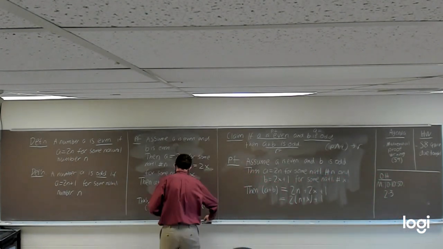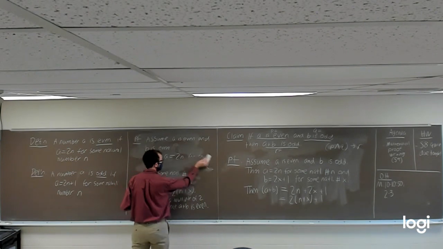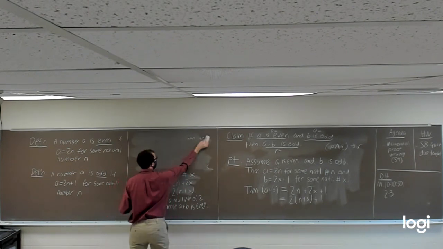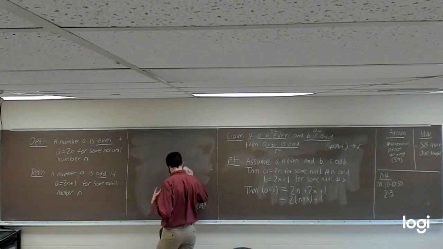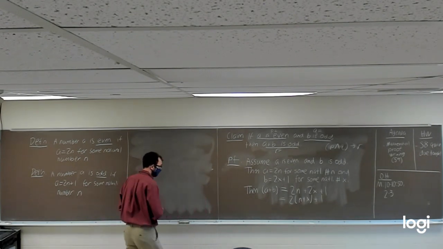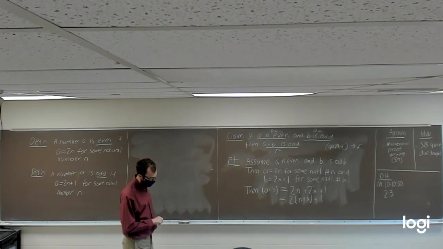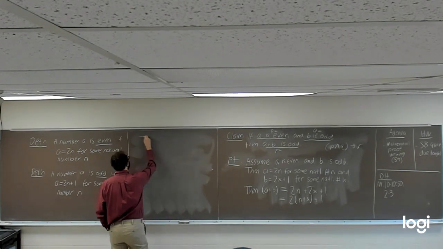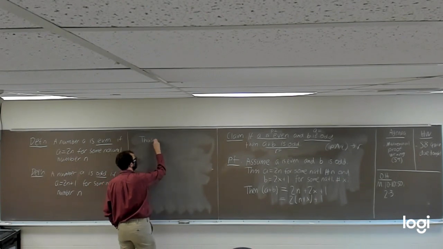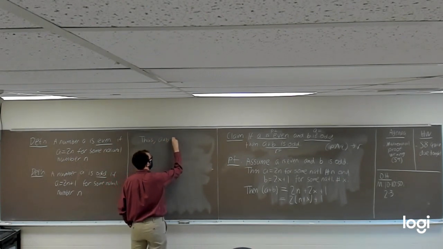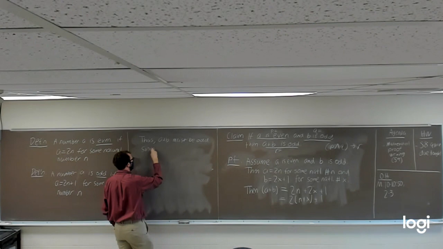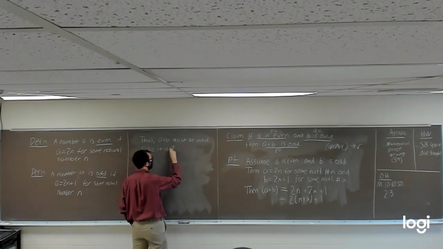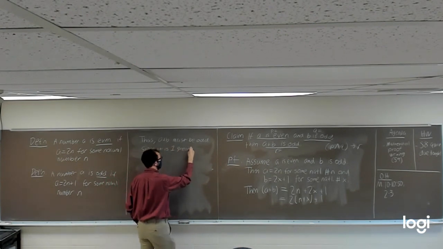Running out of space here, so I'll erase some of this. Then A plus B is equal to 2 times n plus x plus 1, so A plus B must be odd since it is 1 greater than a multiple of 2.